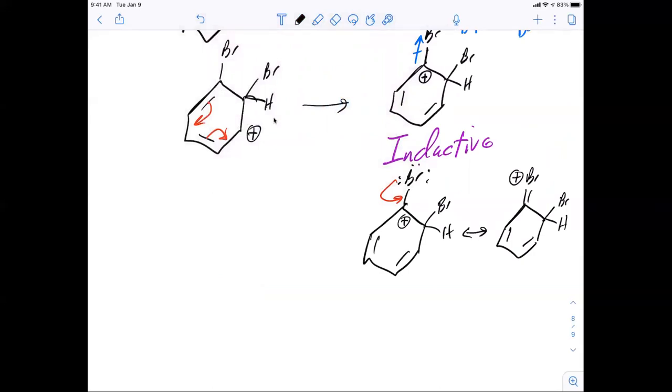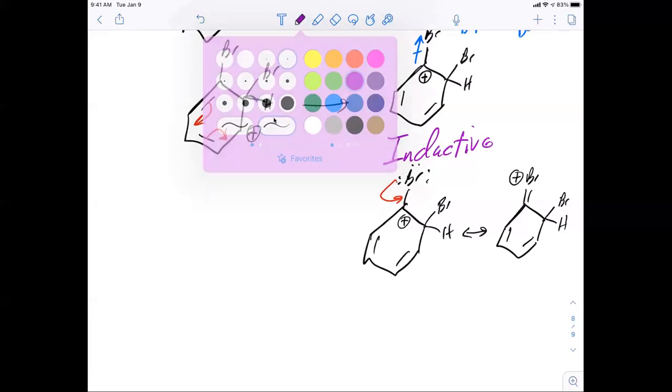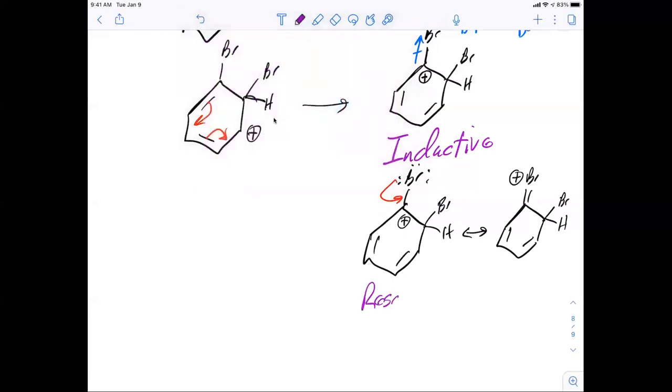So if we think about resonance, resonance stabilizes ortho addition.